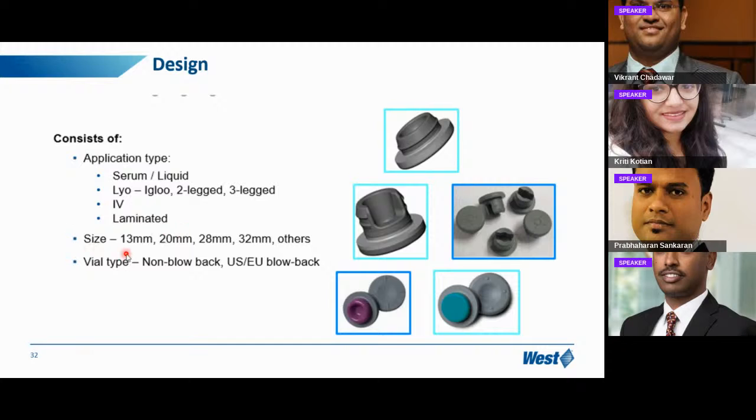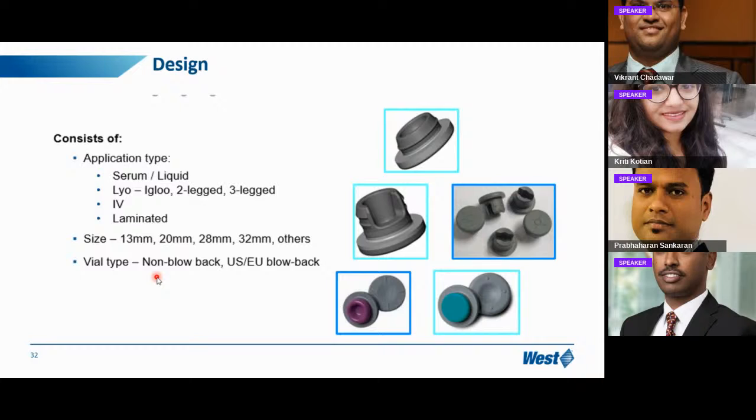And there are different sizes available. The sizes available are 13 mm, 20 mm, 28 mm, 32 mm, and others. So 13 and 20 mm are the common standard sizes we generally have in parenteral packaging. And for the vial type, there is also the option of blowback or non-blowback.